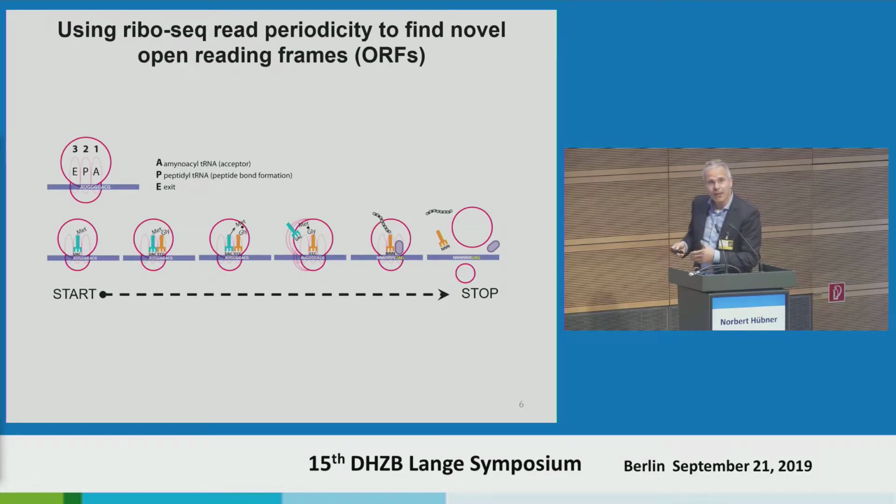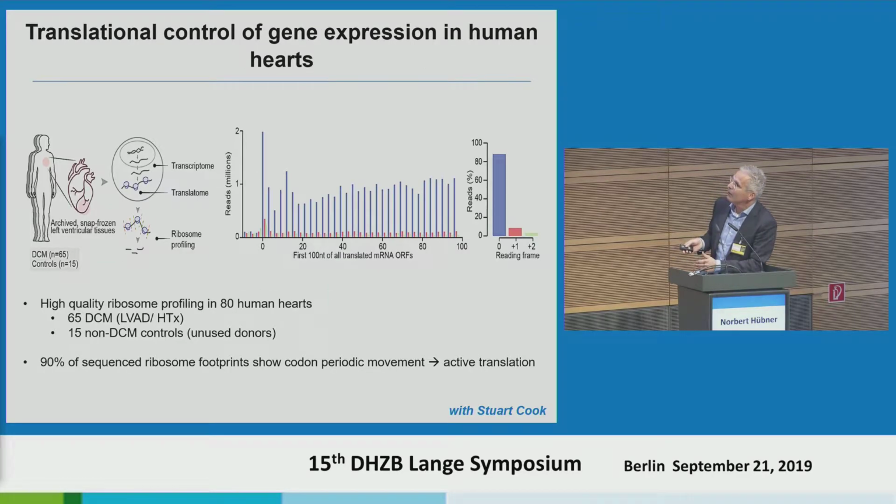This is just to remind you that the ribosome is basically hopping over the RNA in a periodic movement, the 3-codon periodicity, and we can not only see if a gene is occupied by ribosomes, but we can also see whether it hops along the RNA with the periodicity that we would be expecting.